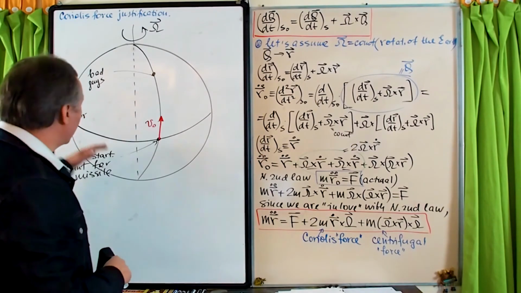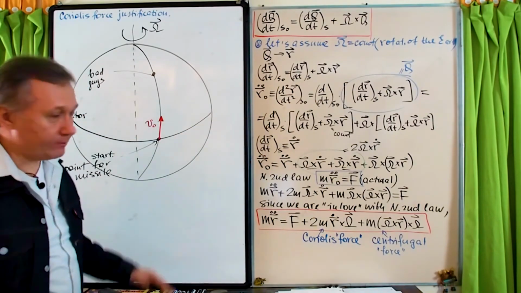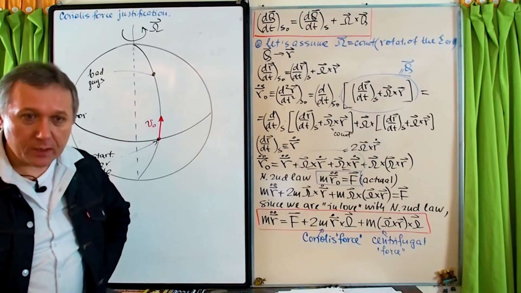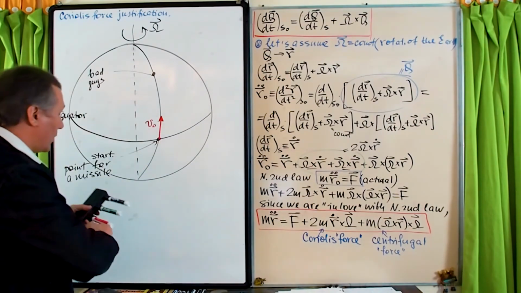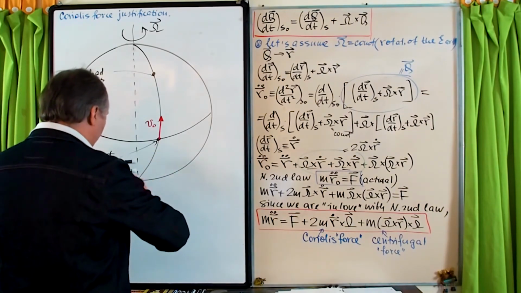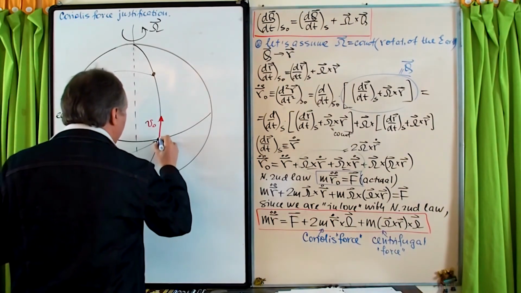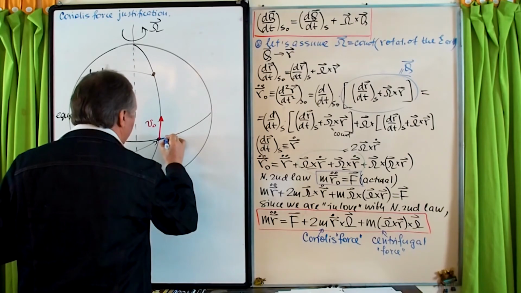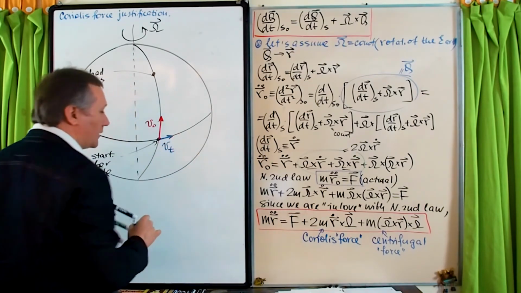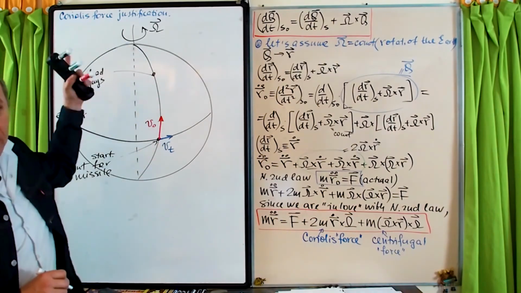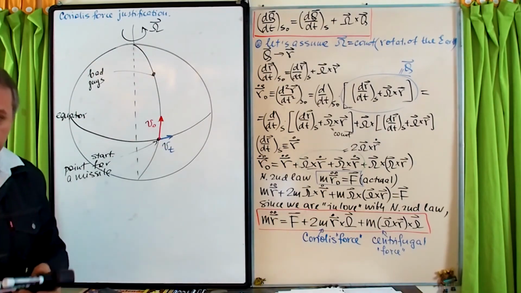So all points on the equator are moving tangentially. During the launch, the missile also experienced some tangential velocity, vt, because of the rotation.